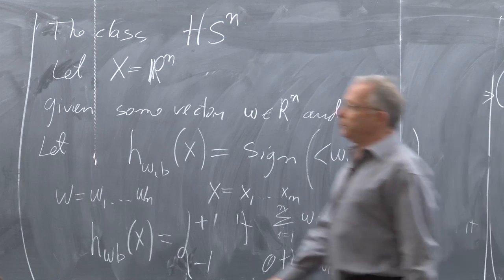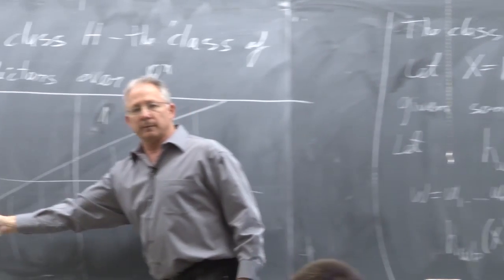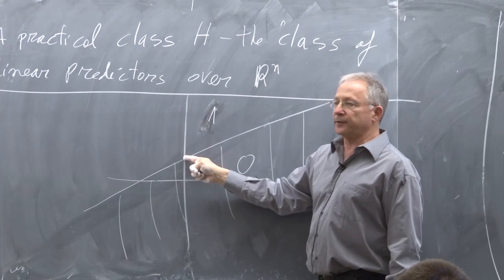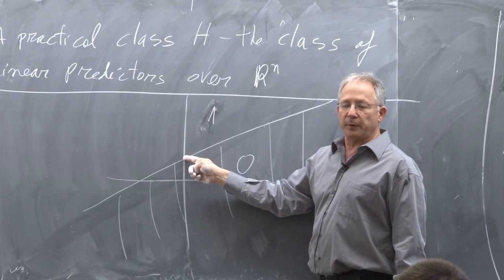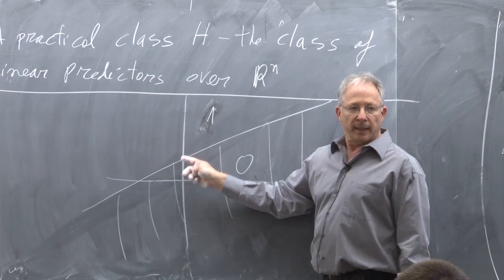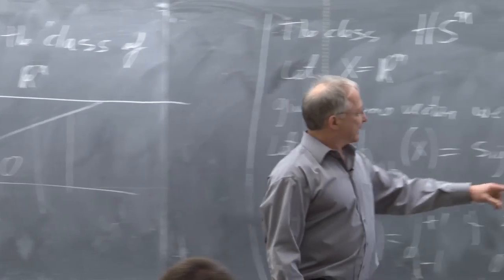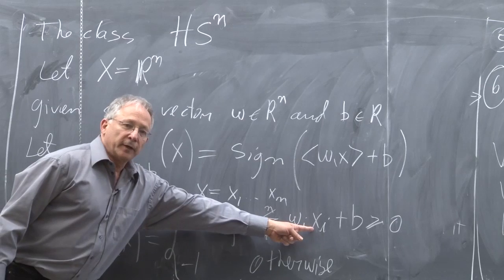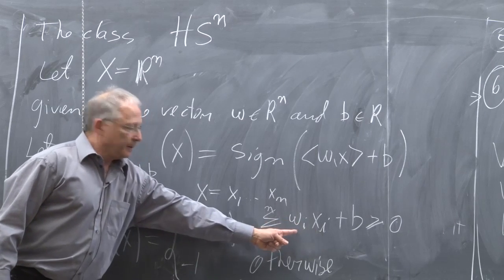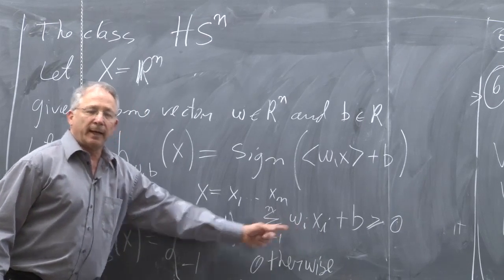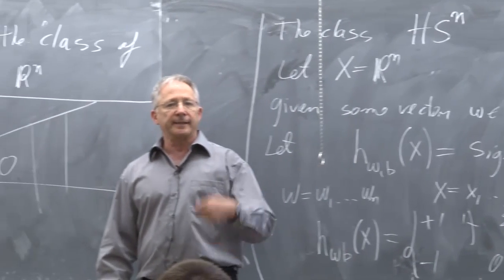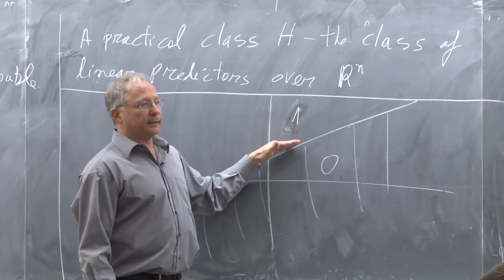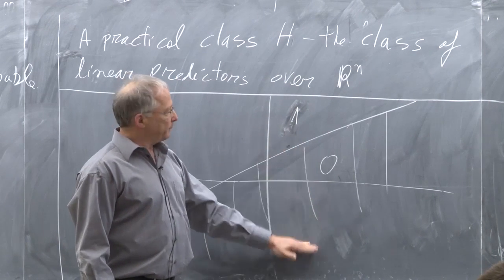So you see, the w and b define a line. w gives me the direction of the line, and b gives me how much it is lifted away from the origin. And one can see that the wi are a set of coefficients, xi is a point. I substitute the coordinates xi into the coefficients wi, and if the product is negative, I'm below the line.